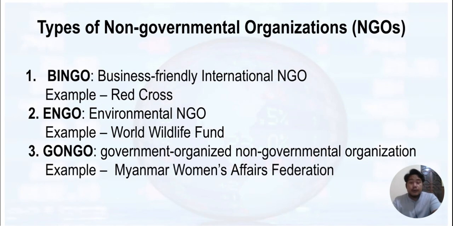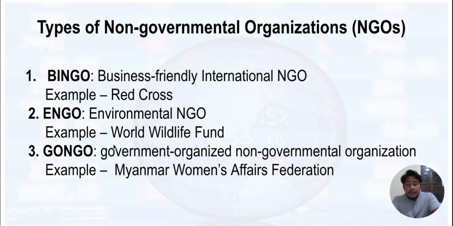Further down the line, there are also several types of INGOs. Now, we have the BINGO, or the Business Friendly International NGOs. One good example would be Red Cross, which actually has different chapters in different parts of the world. We also have ENGO, environmental NGOs.